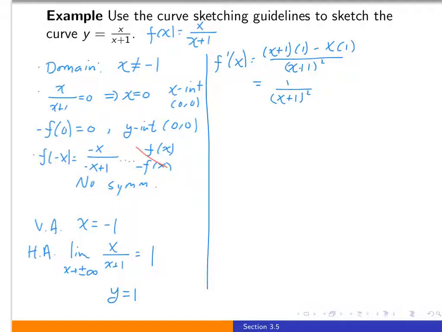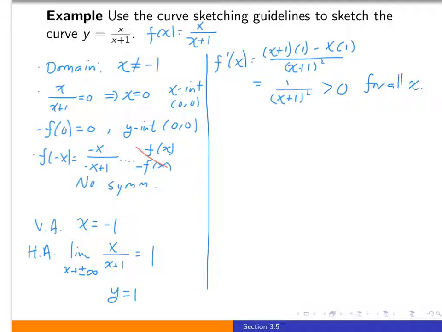And this is a different situation for us. Typically, we find critical points. In this case, if you investigate the function, you have 1, which is never 0, divided by x plus 1 squared, which is always positive. We can note that f prime of x is greater than 0 everywhere, that is, for all x.